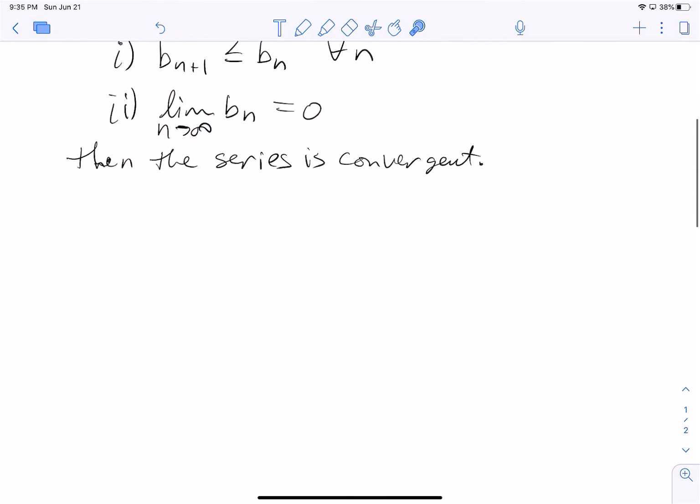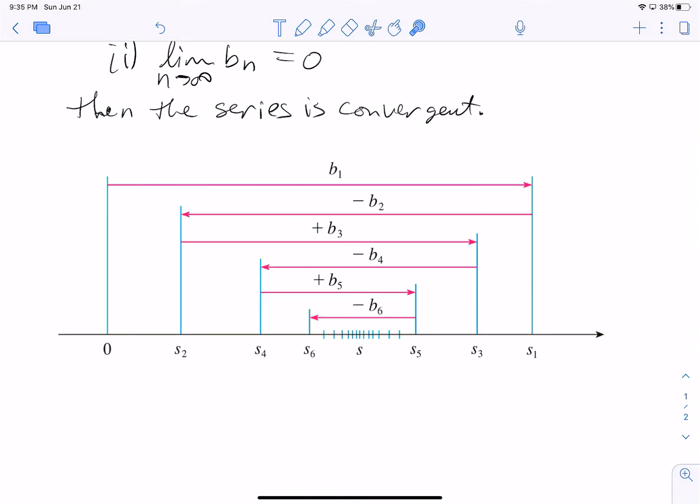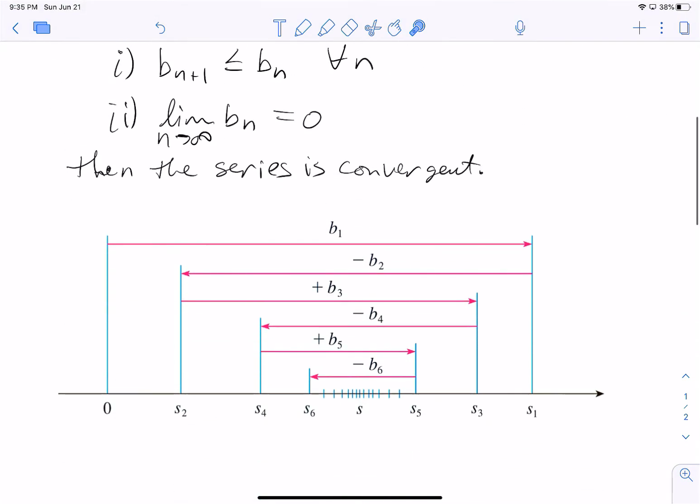Let's look at a diagram that's useful in understanding some of the concepts in this series of videos. Supposing starting at 0, if we add the number b_1, of course this s_1 then is b_1. And then if we subtract b_2, now that would be really adding the first two terms, right? b_1 minus b_2 is just adding the first two terms. Then we're back over here to the left near 0, and that would be s_2. Adding b_3 would bring us over to the right, but not quite as far as s_1 because I've subtracted b_2, then add b_3.